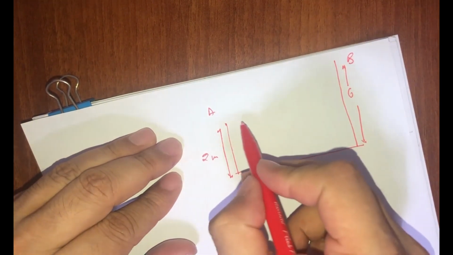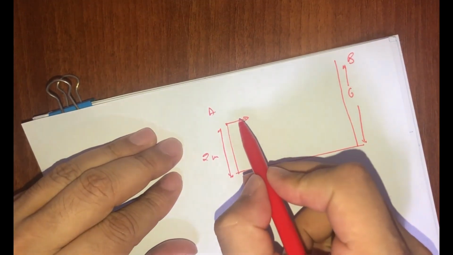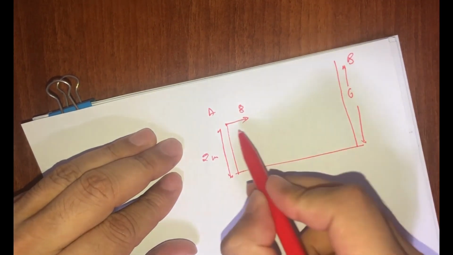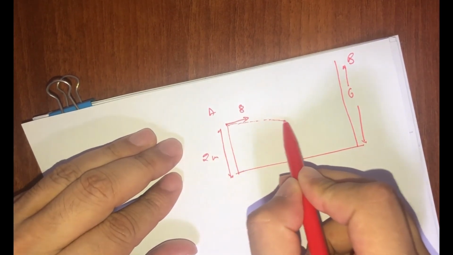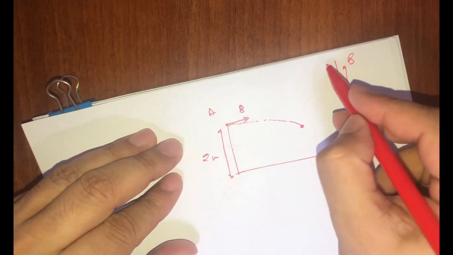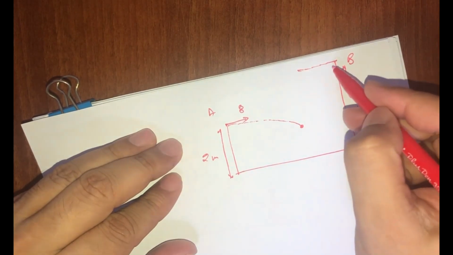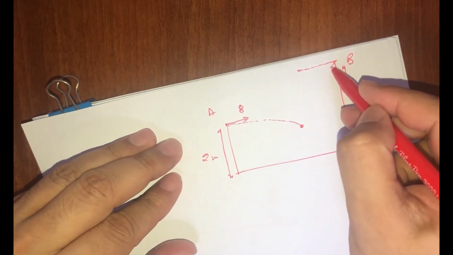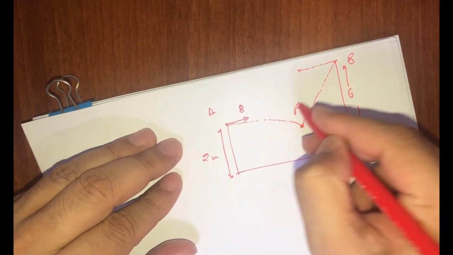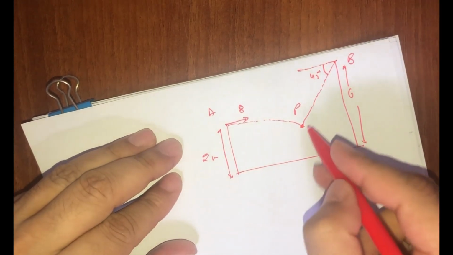Body A is projected horizontally with a speed of 8 meters per second, and let us suppose it travels something like this, and body B is thrown at an angle of 45 degrees with the horizontal, and let's say they meet at this point P. This angle is 45 degrees.